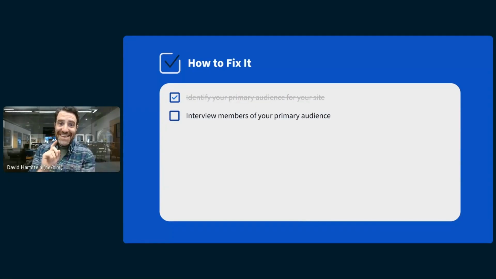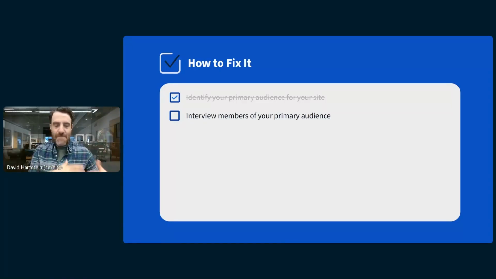And then next, interview members of your primary audience. Once you've identified that audience, conduct a few interviews to get to know them better. It might be donors, might be volunteers, might be clients or partners. These actual conversations just tend to be much more helpful than abstract personas based on your best guesses.